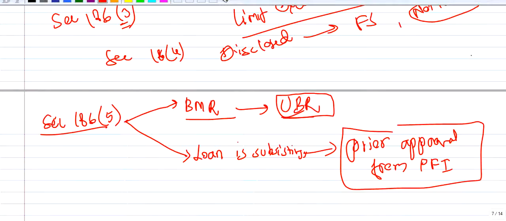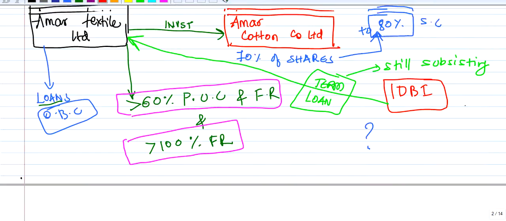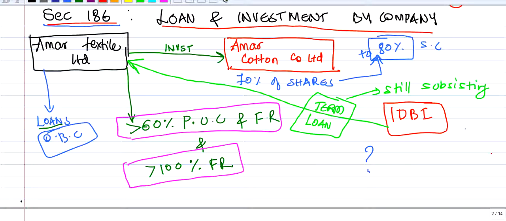In the first example, their term loan is still subsisting from IDBI. Is prior approval from IDBI required? No, because IDBI is not a public financial institution. So the question of Section 186 subsection 5 will not arise.